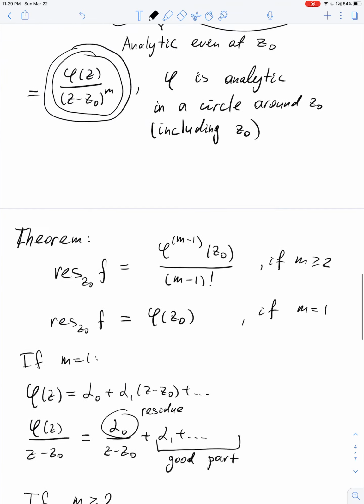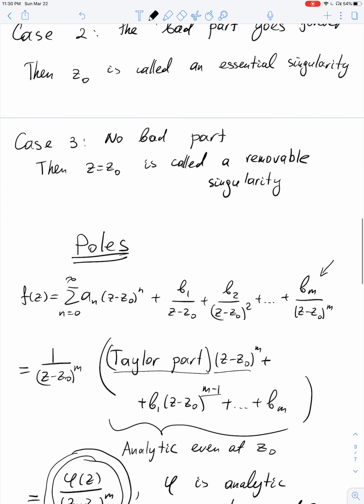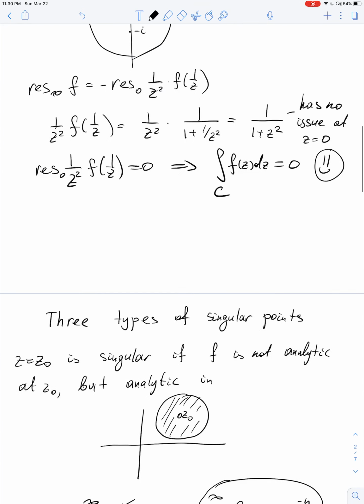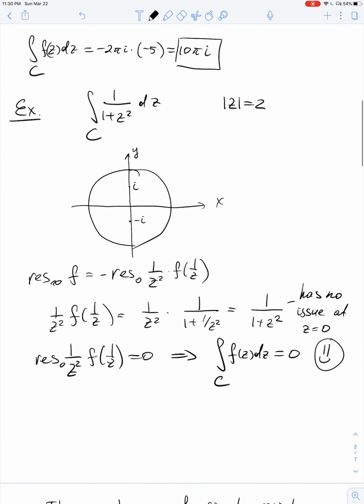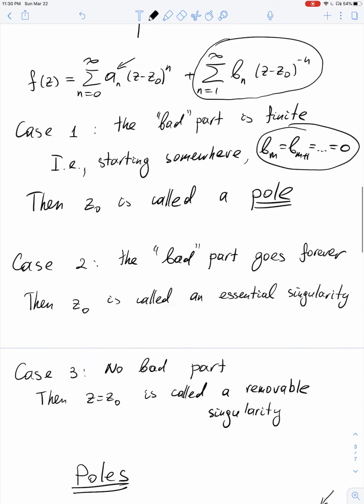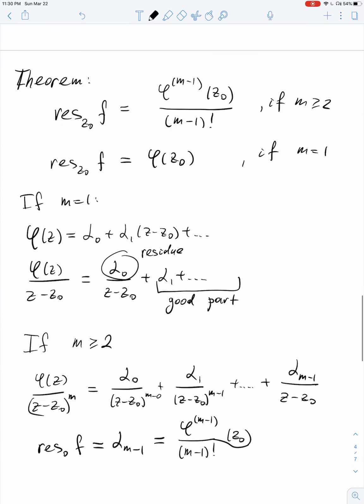I keep telling you, like, go 3 pages back. Finally, I can go 4 pages back. Here. Okay? When we attacked this integral, I said that if you are curious enough to compute the residues at i and minus i, one will be minus another. And so it is.